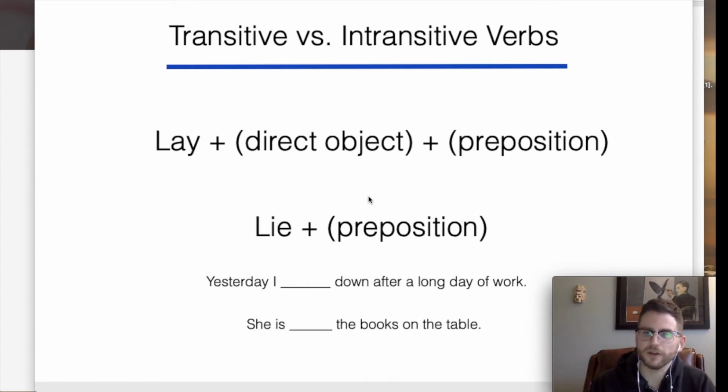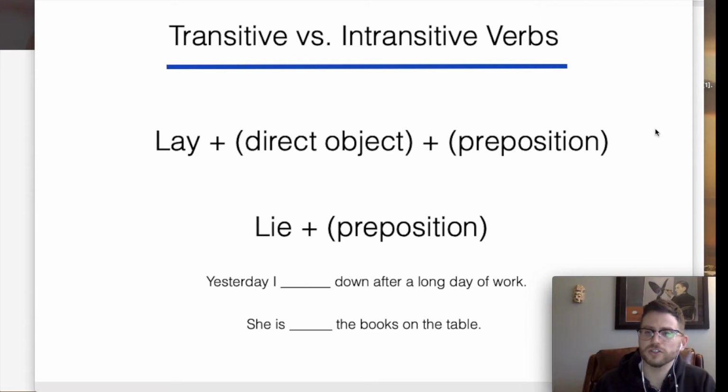For example, if I were using the verb to buy, okay? Now that I'm thinking about it, I think to buy is also always transitive. But when I use the verb to buy, I'm saying I bought something from someone else. So I bought is my verb, whatever I bought is my direct object, and then I bought it from someone, and it's followed by a preposition.